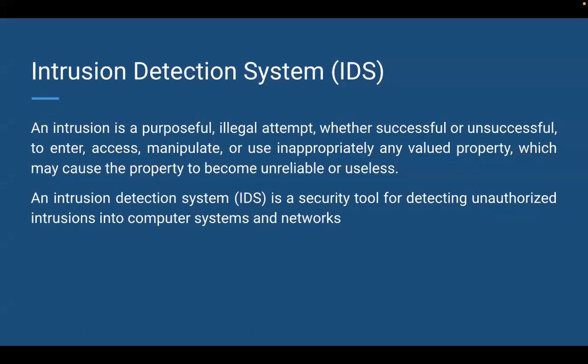An intrusion is a deliberate illegal attempt, whether successful or not, to enter, access, manipulate, or use any valid property, which may cause the property to become unreliable or useless. An IDS is a security tool for detecting unauthorized intrusions into computer systems and networks.